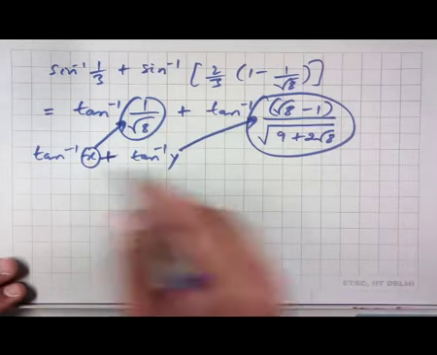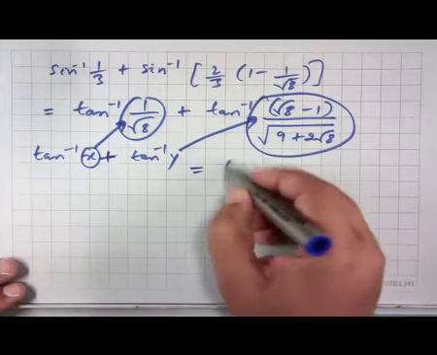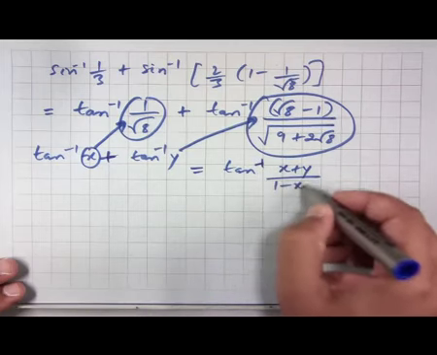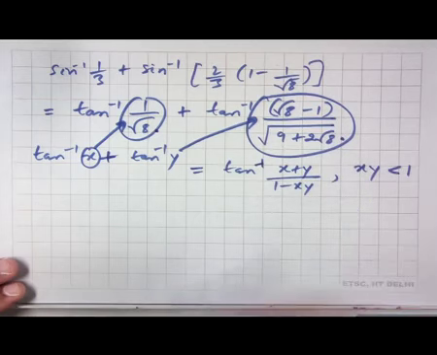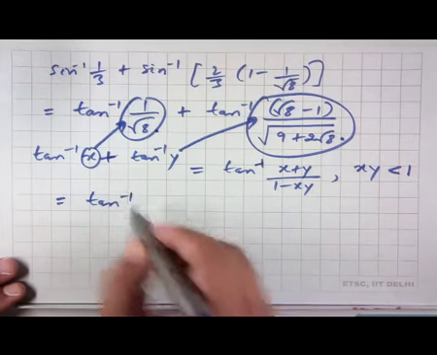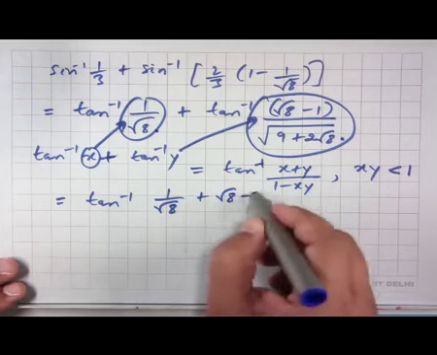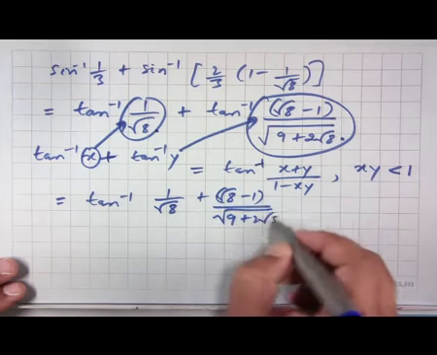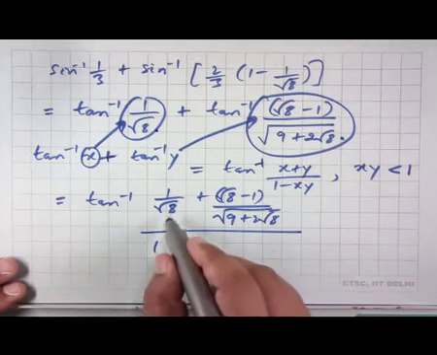So, that means that for tan inverse x plus tan inverse y, I can use this formula: tan inverse of x plus y by 1 minus x y. This is because this times this, which is x times y, is less than 1. And then it becomes very easy, because then we can write it as tan inverse of 1 by square root of 8 plus root 8 minus 1 by root of 9 plus 2 root 8 over 1 minus 1 by square root of 8 times that term.